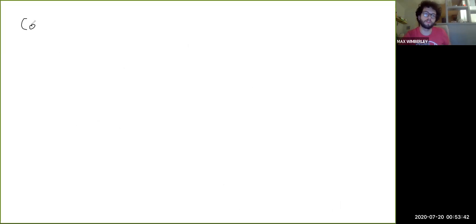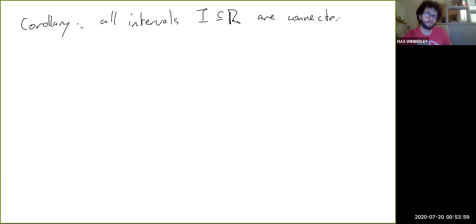Then, as a corollary, I'm restructuring this slightly from how they do it in the book: all intervals are connected. So open, closed, half open, half closed, whatever.